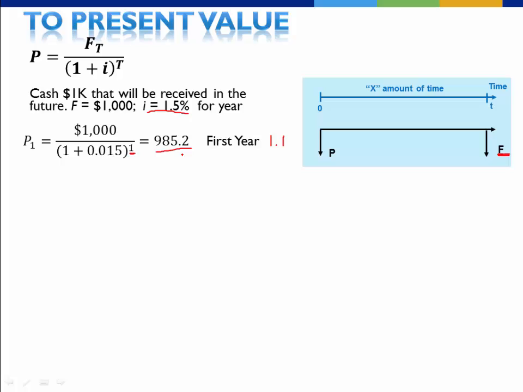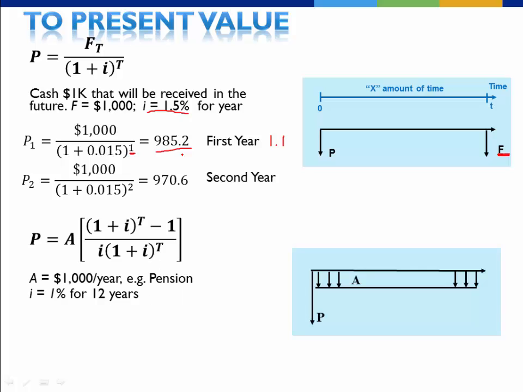As you can see, and this is consistent, even though you're going to be receiving $1,000 in the future, that amount of money is actually less in present value. The second year, if you will be receiving it 2 years ahead, actually that is less.